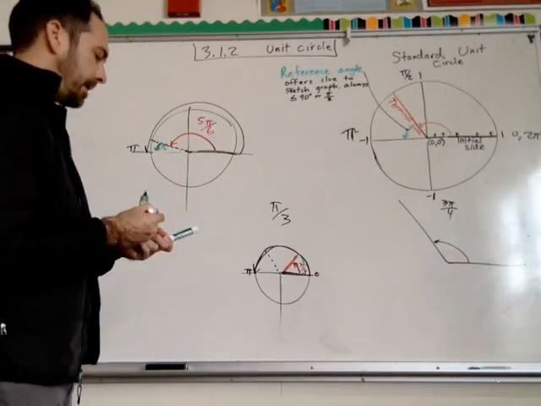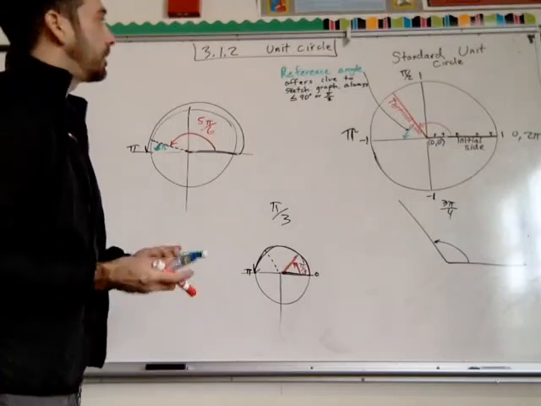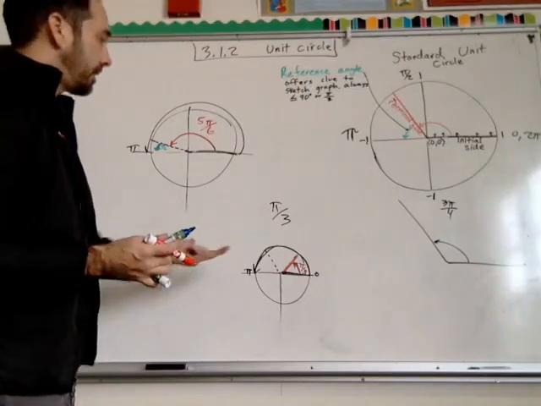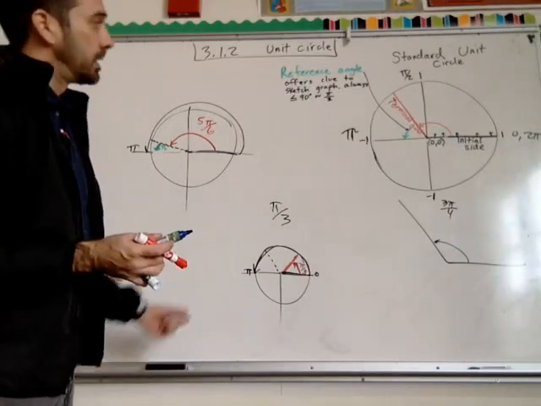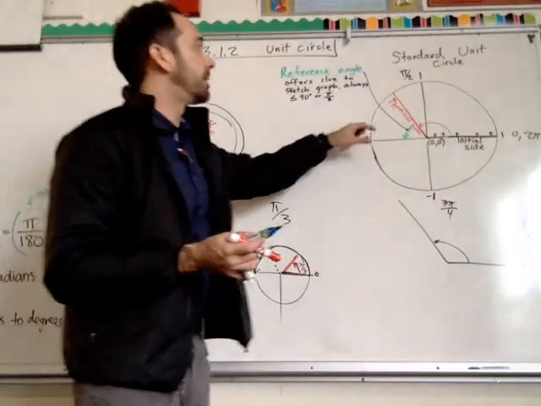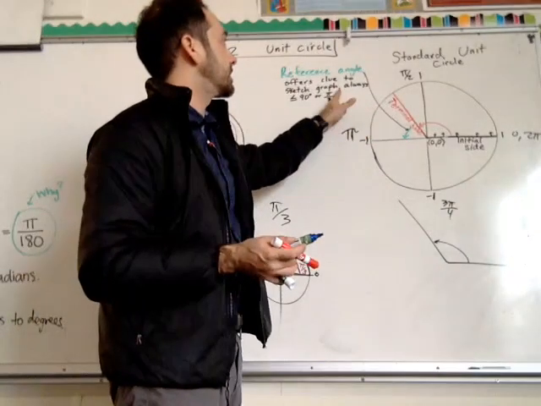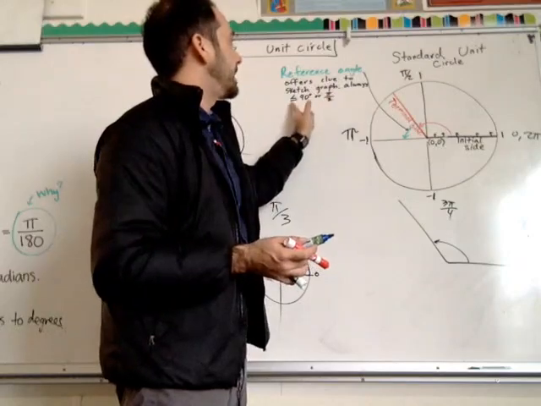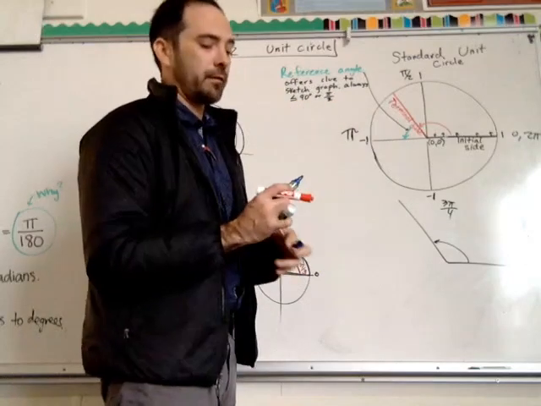Remember that the reference angle is only helpful in order to sketch this. We were able to sketch this pretty easily here. The reference angle offers a clue to the graph. It's always less than or equal to 90 degrees, or pi over 2.